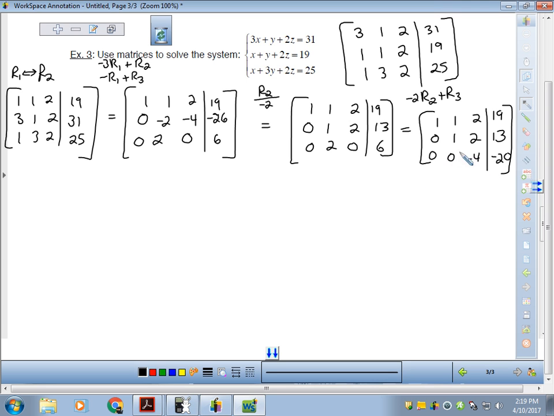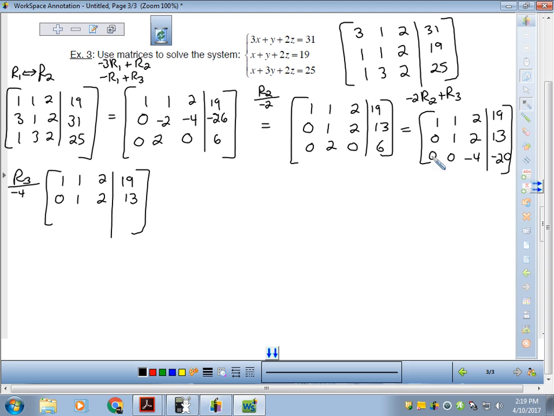The very last thing I have to do is make this last spot in the diagonal be a 1. To do that, all I have to do is take row 3 and divide it by negative 4. So row 1 stays the same, 1, 1, 2, 19. Row 2 stays the same, 0, 1, 2, and 13.